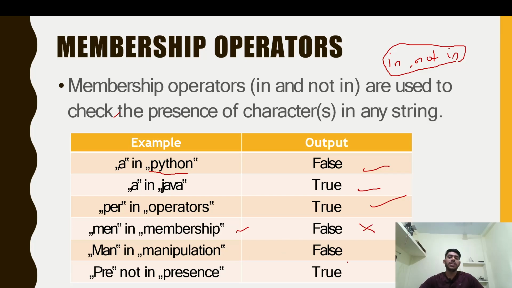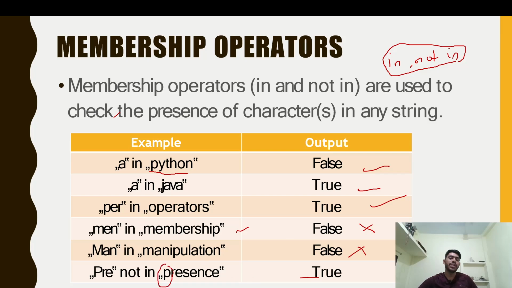Man in manipulation, false. Pre not in presence. So pre is there. If we write pre not in presence, what will come? False. It is not true. Acha, it is small pre, and it is capital pre.